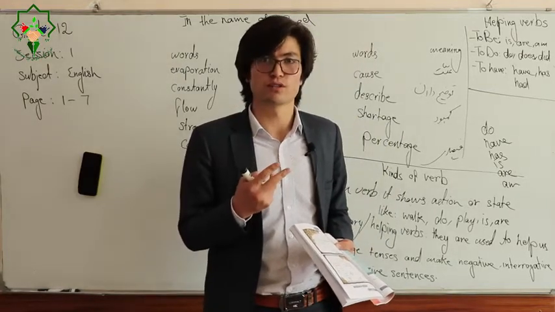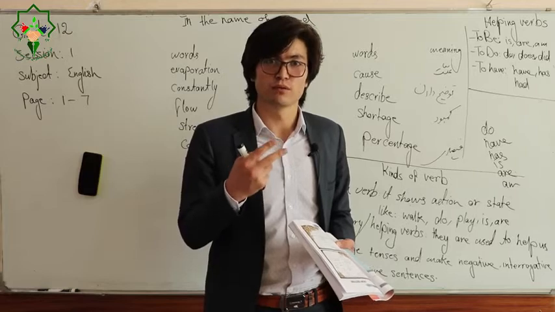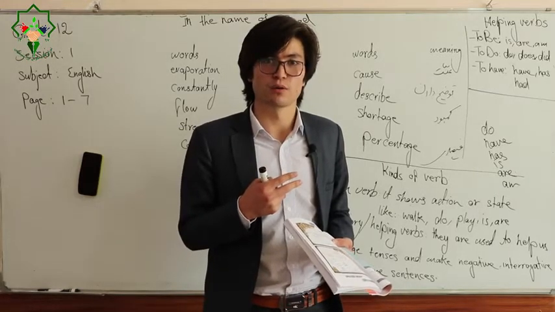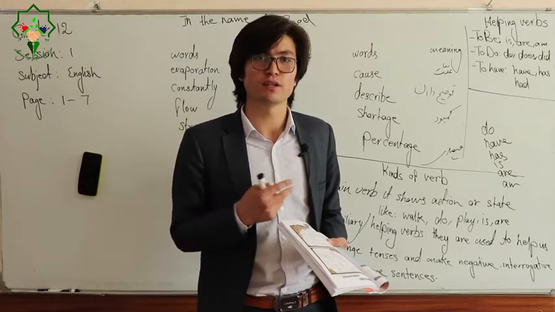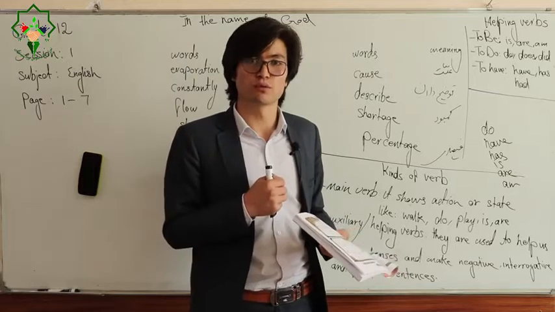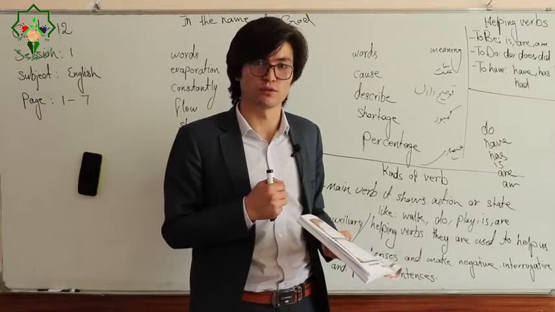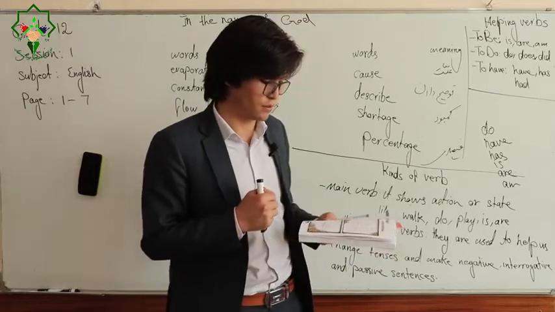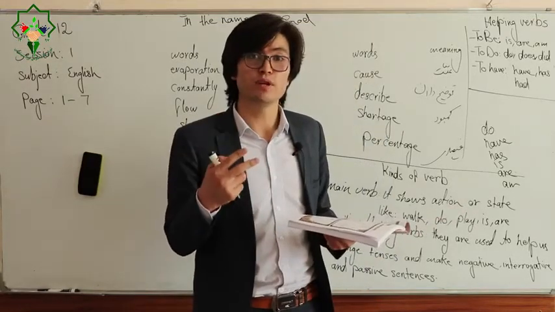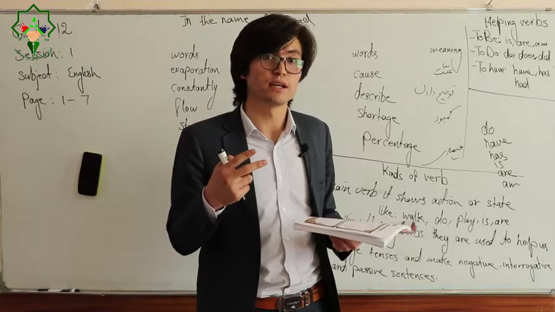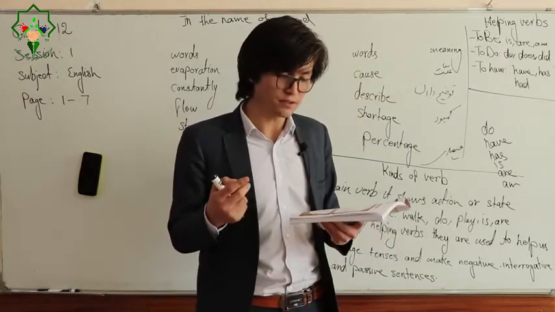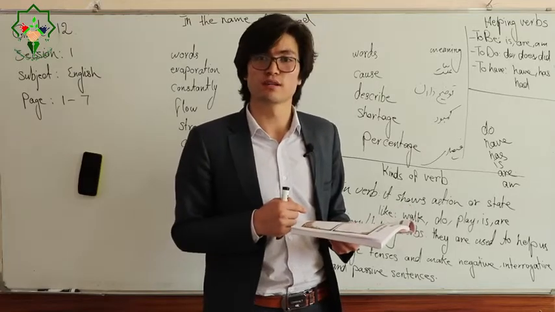By this kind of words, you can make a WH question or information question. So how can we make a WH question? First, use WH words, the words that I told you: why, where, whose, and how. After the WH word, use helping verbs. And after that, put the subject.